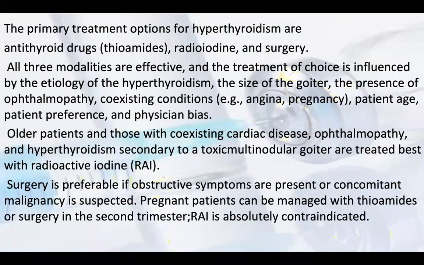The treatment of choice is influenced by the etiology of the hyperthyroidism, the size of the goiter, the presence of ophthalmopathy, and coexisting conditions, for example angina, pregnancy, patient age, patient preference, and physician's bias have to be checked.